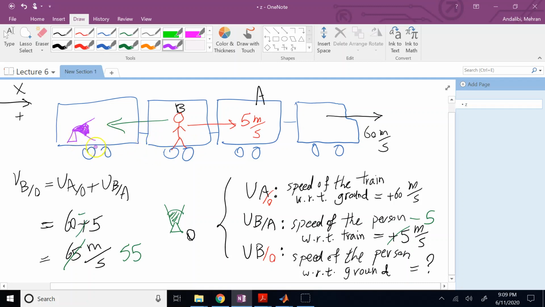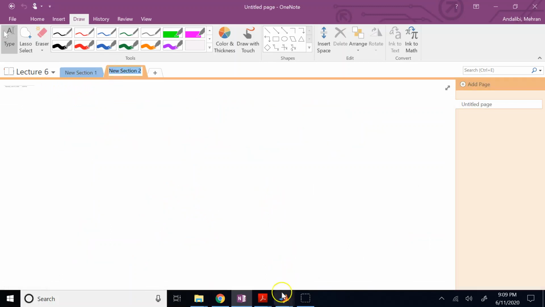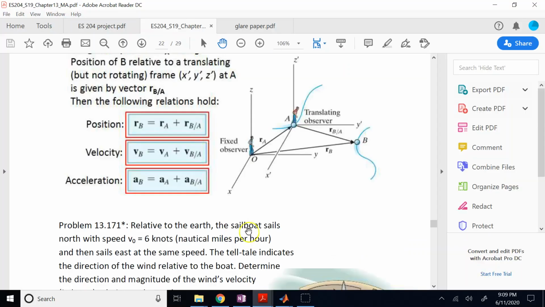So both of them are on the train, so none of them would sense the motion of the train. All that this camera in purple would sense is the relative motion of the red person with respect to it, which is 5. But this green camera on the ground would sense both the motion of the train and the person with respect to the train, so it will feel 65. They're both looking at this person, but because they are in different situations, this is fixed, that is moving, they sense different numbers. So that's the relativity of motion.